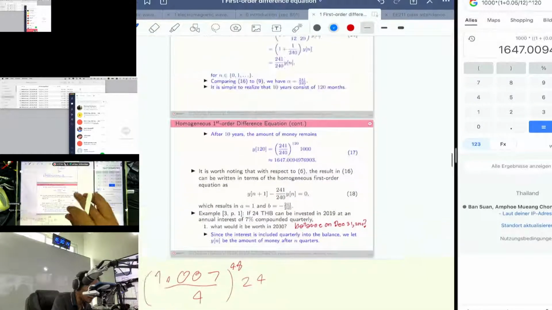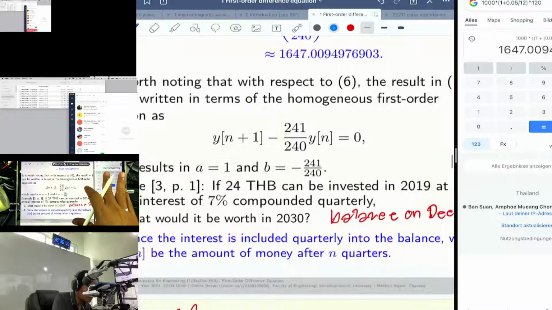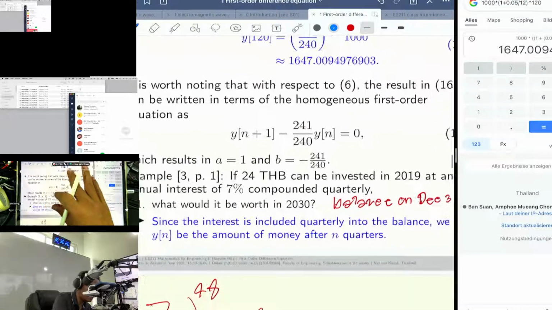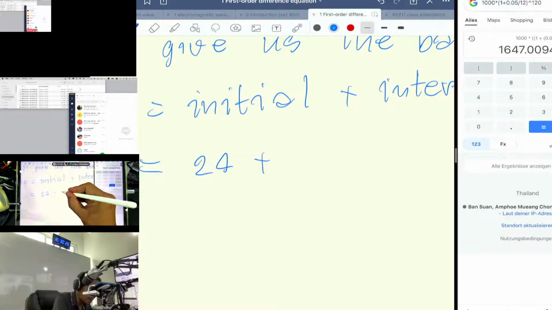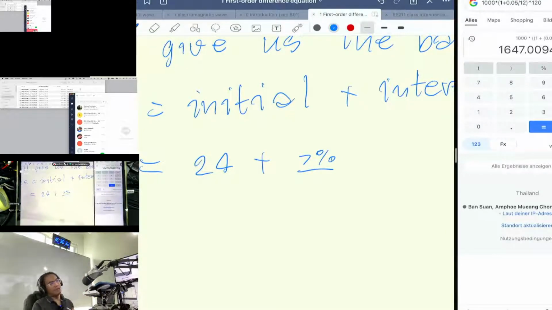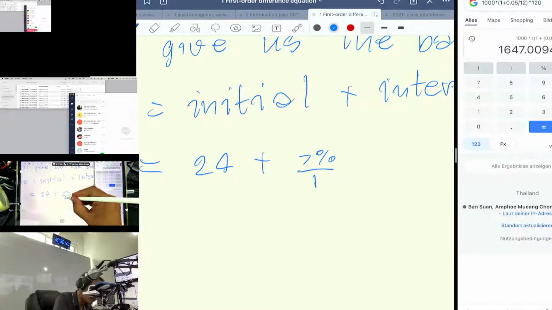The interest is said to be 7%, right? But this is the interest for the whole year. So we have to divide the annual interest rate by 4, because we are talking about quarters. That's the interest for 3 months, for 1 quarter, times the initial amount, which is 24.